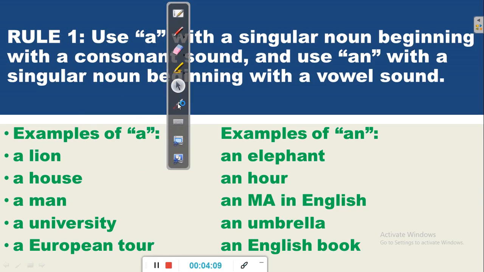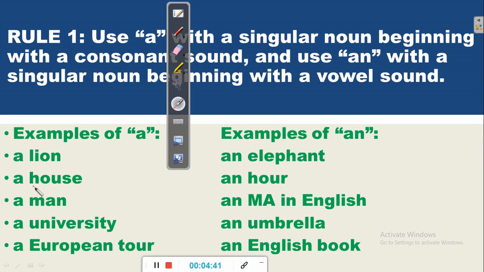Now examples with a. A lion, because the word lion, which this indefinite article modifies, begins with the consonant sound L. So we can use a before this noun, which begins with the consonant sound L. So we talk about a lion.